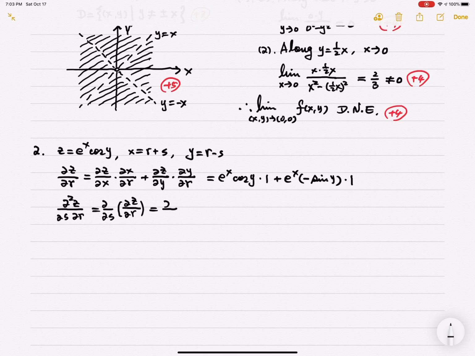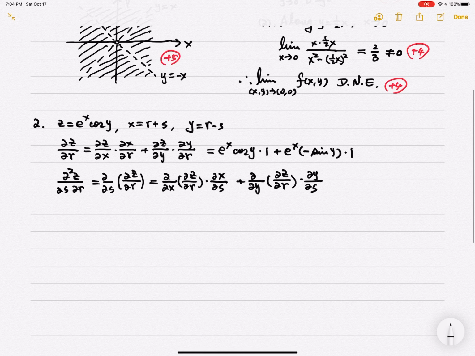So this is partial x of partial z, partial r times partial x, partial s. Then partial y of partial z, partial r times partial y, partial s. So that's equal to that.